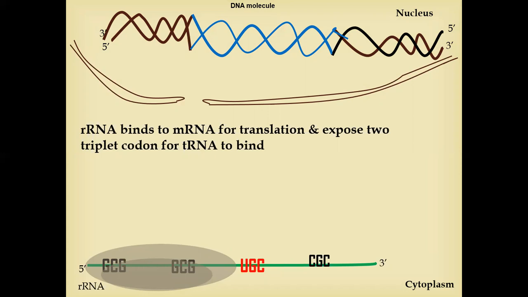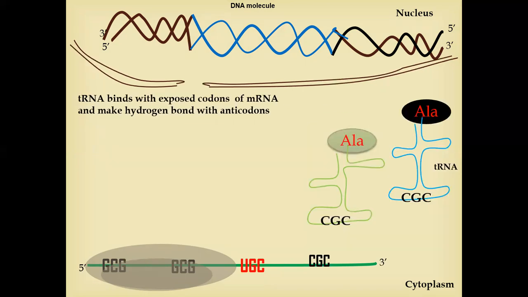Ribosomal RNA at one time can expose two triplet codon sequences on the surface of messenger RNA. The transfer RNA contains on one side one specific amino acid, while on the opposite side it contains the anticodon sequence.